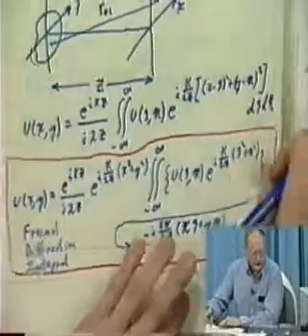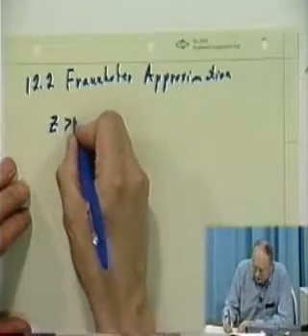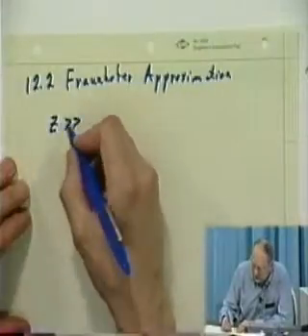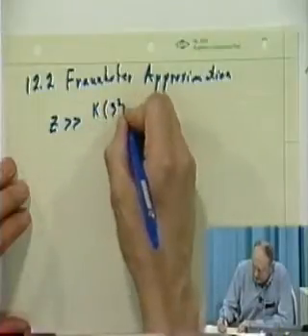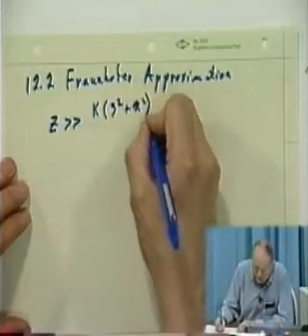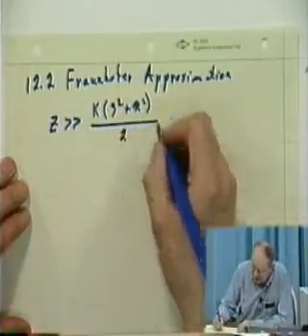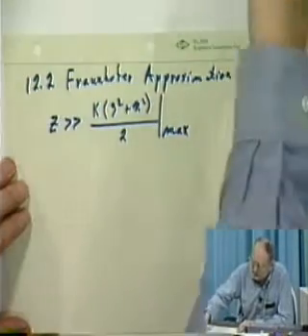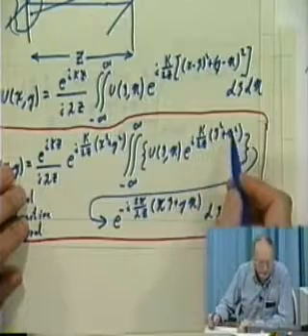So let's just write that down. We'll say that z is sufficiently large that z is much greater than the maximum value of xi squared plus eta squared over 2. And so if that's true, we can throw out this term right here.